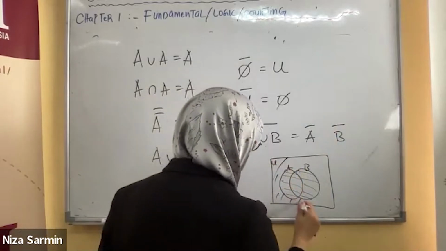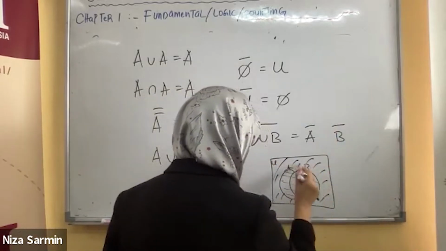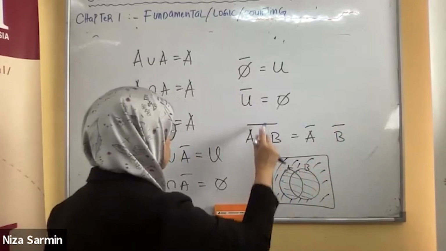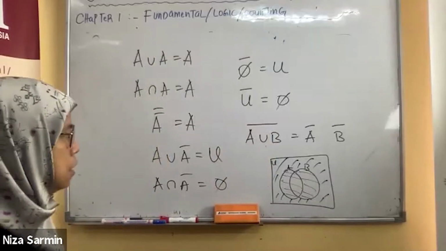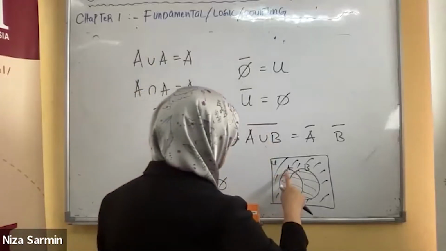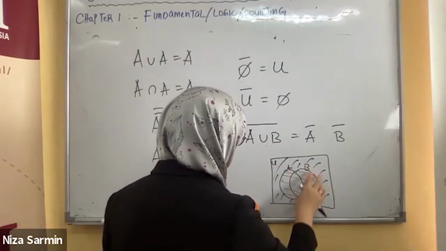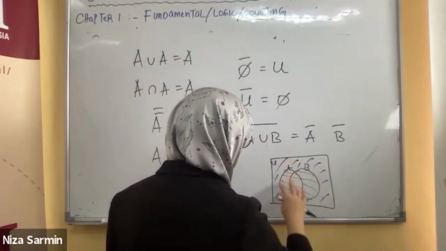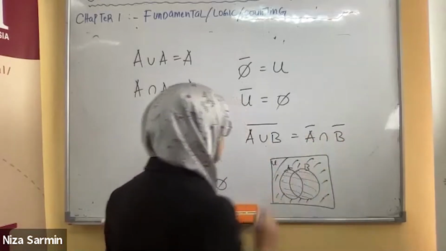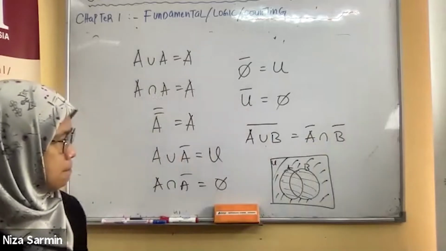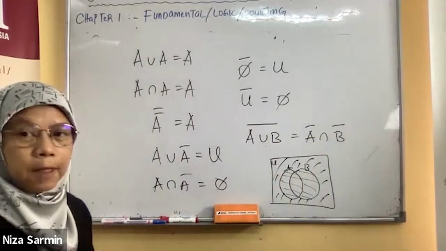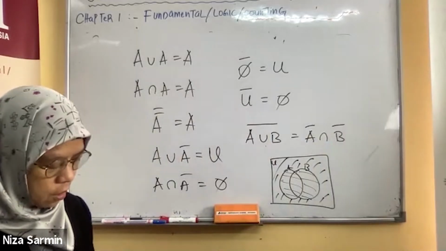The complement is this. Okay. That's A union B complement. A complement is outside there. B complement is outside there. So you want the intersection, right? So you will get that.